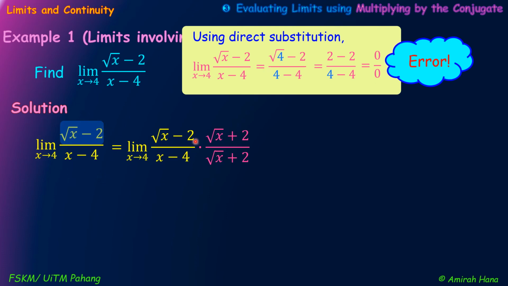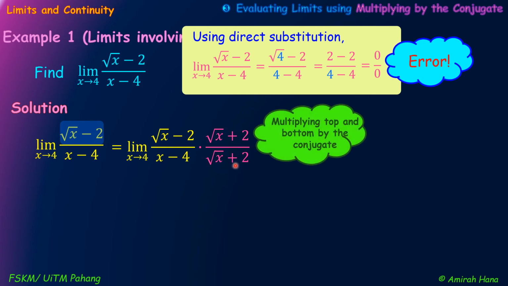From this question, we multiply by √x + 2. Conjugate means we use the opposite sign: the same terms but the opposite sign. So (√x + 2)/(√x + 2). We multiply top and bottom by the conjugate.